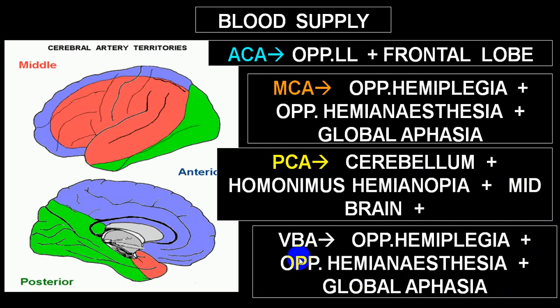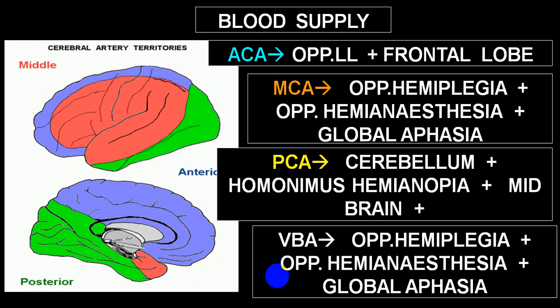And if you get involvement of the vertebral or basilar artery, opposite side hemiplegia, opposite side hemianesthesia. Sorry, no, this is something wrong. Opposite side hemiplegia, opposite side hemianesthesia with global aphasia, no. This will be if you get involvement of the internal carotid artery, not the vertebrobasilar artery. If you get involvement of the vertebrobasilar artery, there will be involvement of the brainstem.